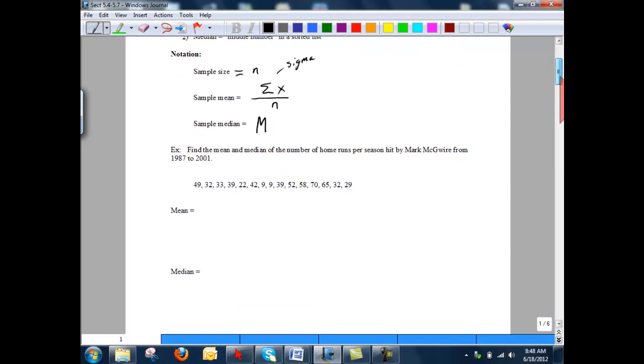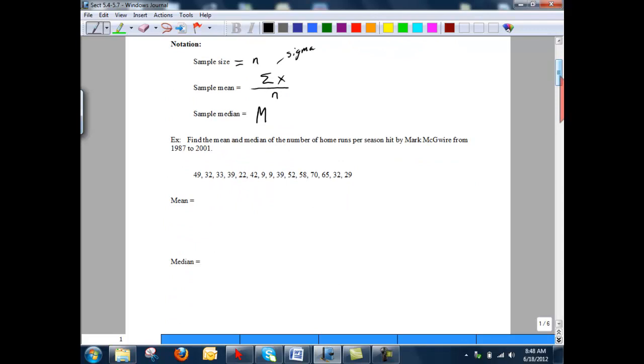And let's look at an example. Find the mean and median of the number of home runs per season hit by Mark McGwire, this list. Okay, so for the mean, simple computation, although you're glad if you have a calculator to do this.